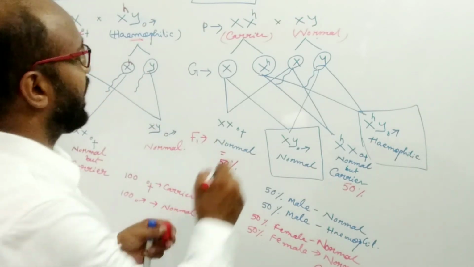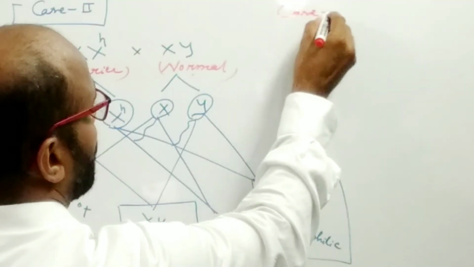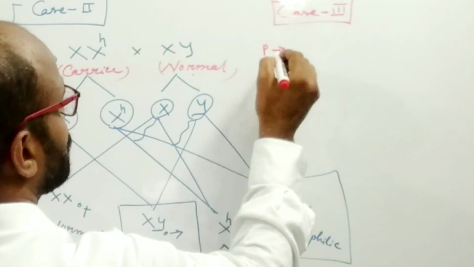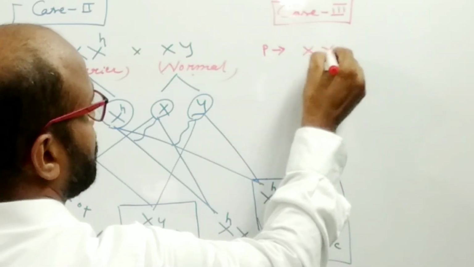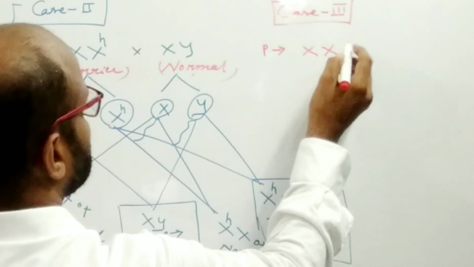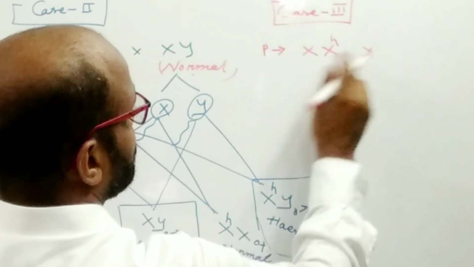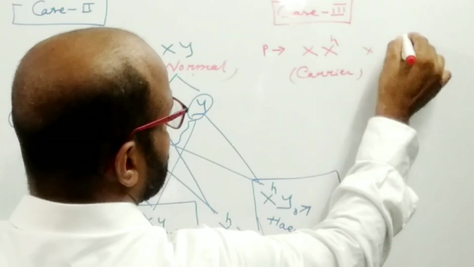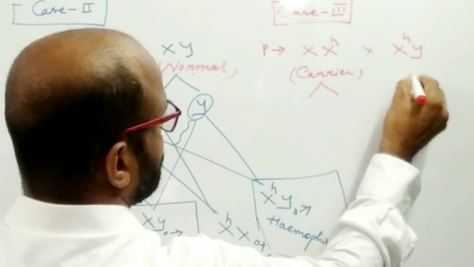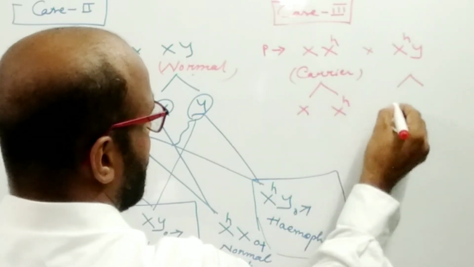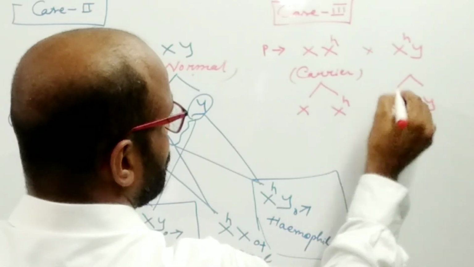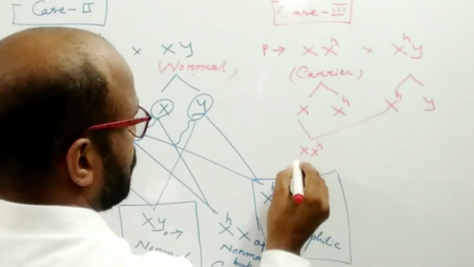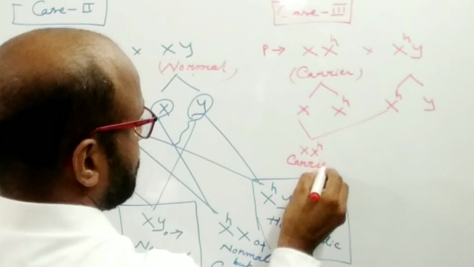Now come to case 3. Suppose that this is case 3 and now I am going to cross a hemophilic carrier female and a hemophilic male. Then what happens here? Suppose that these are the gametes and these are also gametes. There is the defective gene, so it becomes carrier.